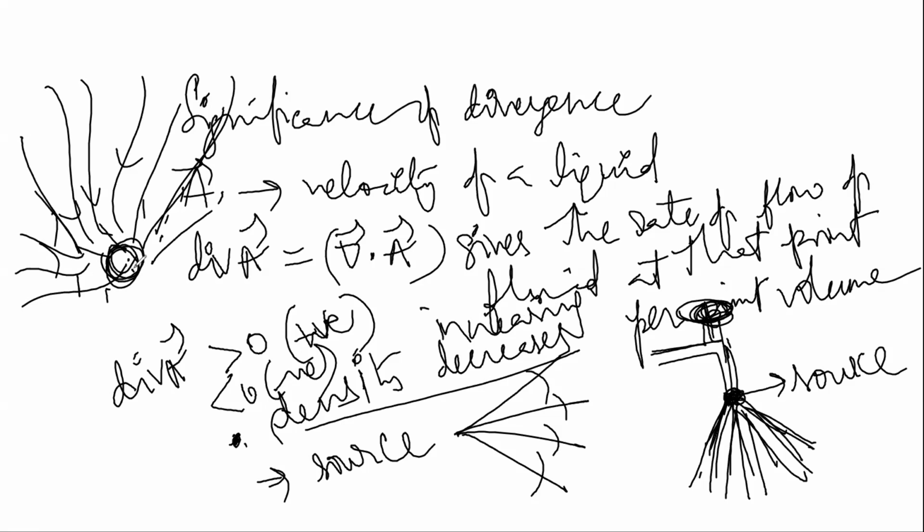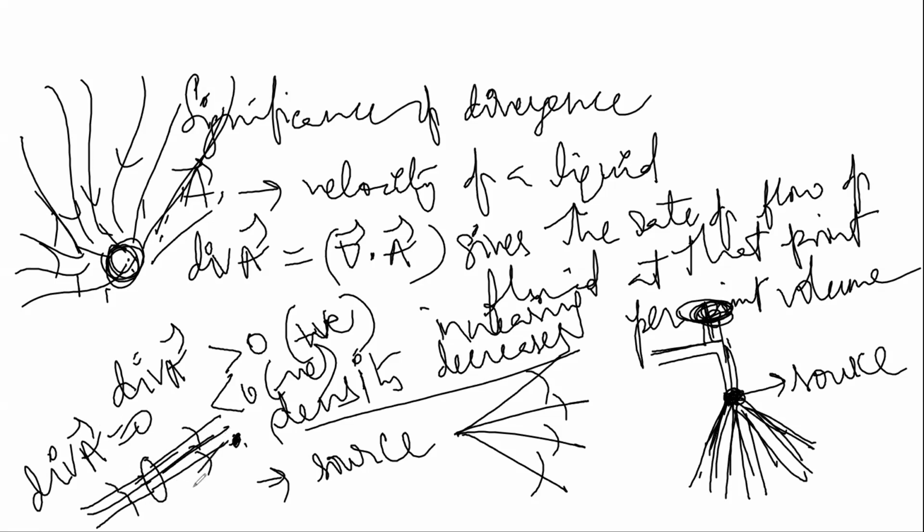But if div A is 0, that means however much fluid has entered into this chamber, the entire fluid will be coming outside. There is no increase or decrease in the density of the fluid. Then we say that div A is 0.